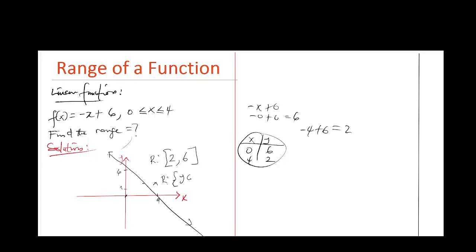Our y is a set of all real numbers, but y is between 2 and 6, so we are going to have 2 is less than or equal to y less than or equal to 6. And whichever way, you can write it in either set notation or interval notation unless otherwise specified.